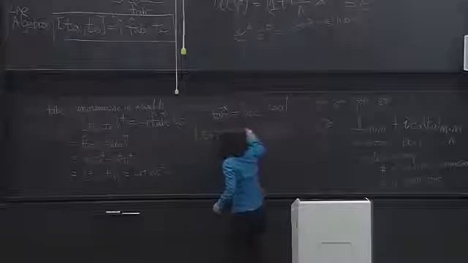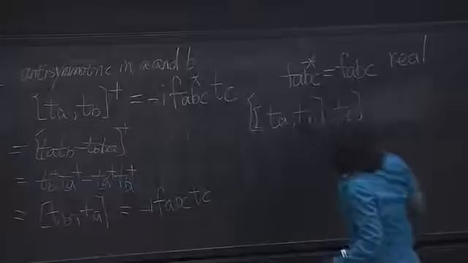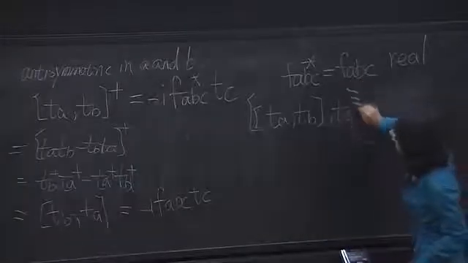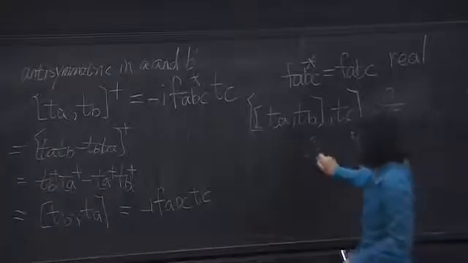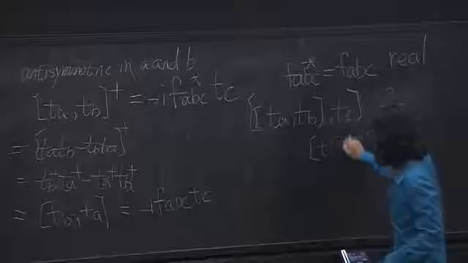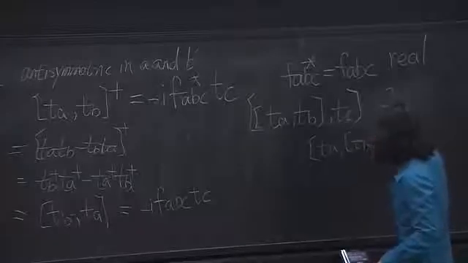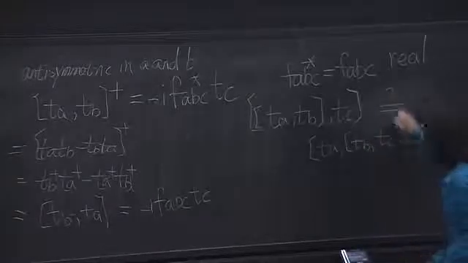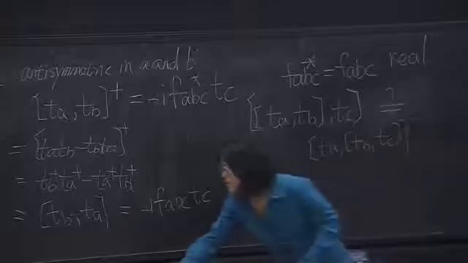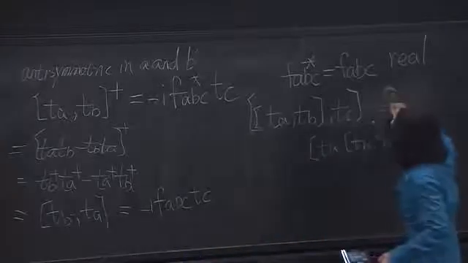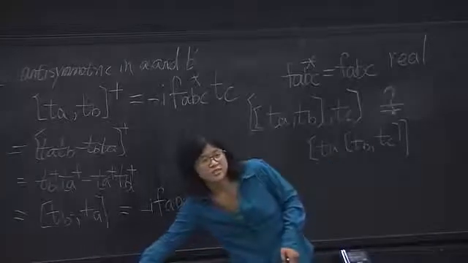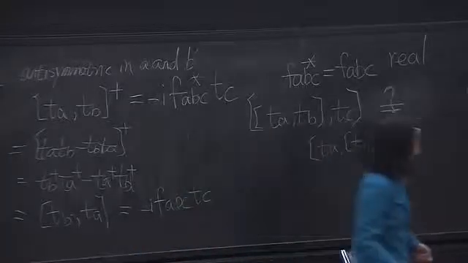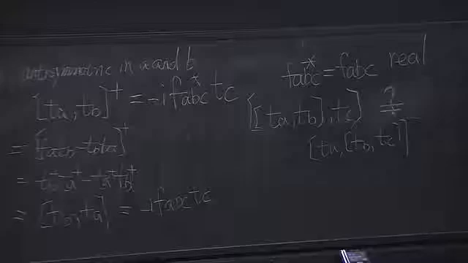So what do we want to ask? Is this guy equal to that guy? Well, if you have been playing around with matrices and commutators for a long time, the answer is no.